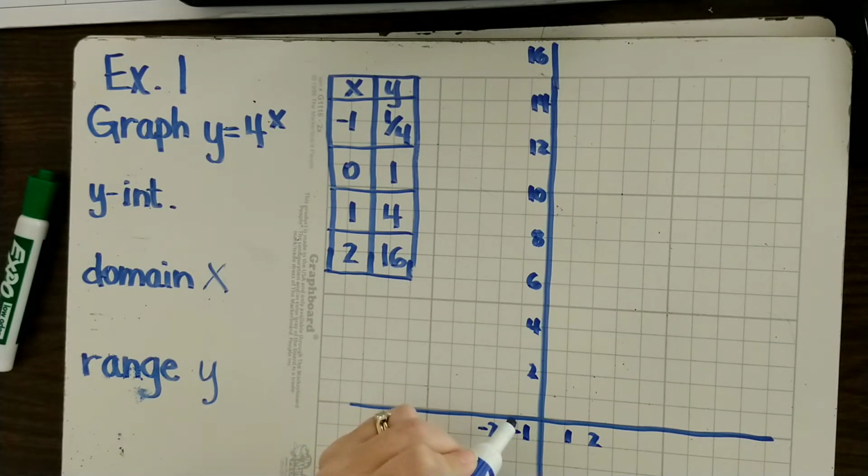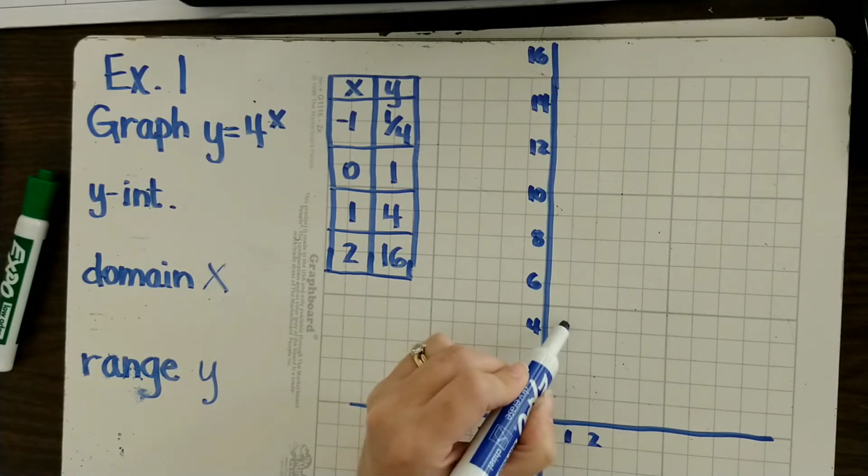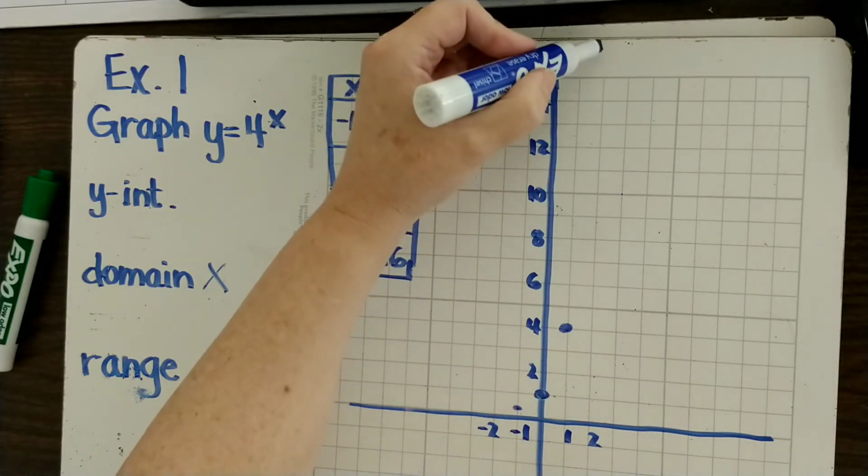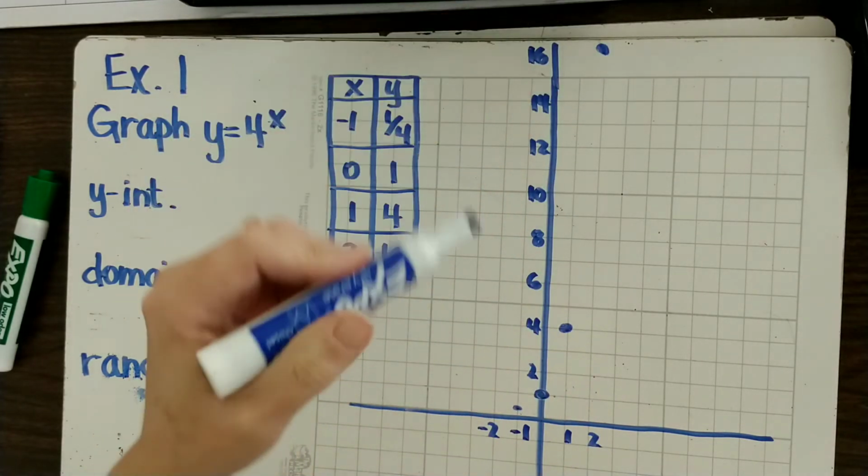So go to -1 on your x-axis and up just a little ways to 1/4. At 0, you will go up to 1 on your y-axis. When you're at 1 on your x-axis, you will graph at a 4 on your y. And when you're at 2 on your x-axis, you will graph all the way up to 16.